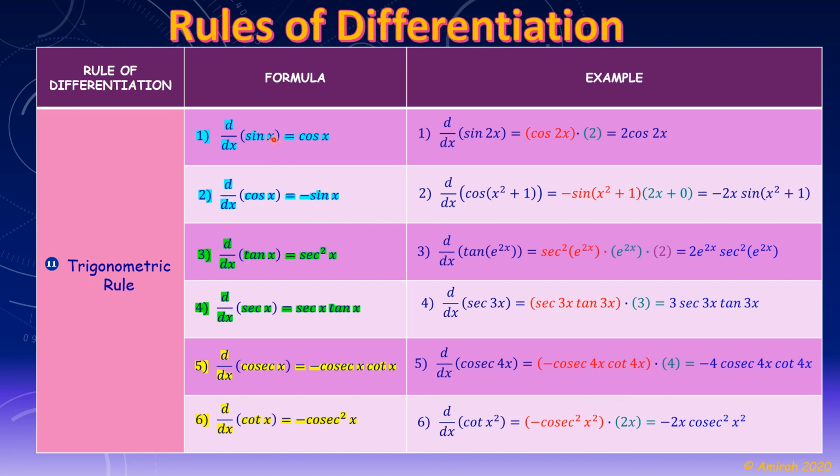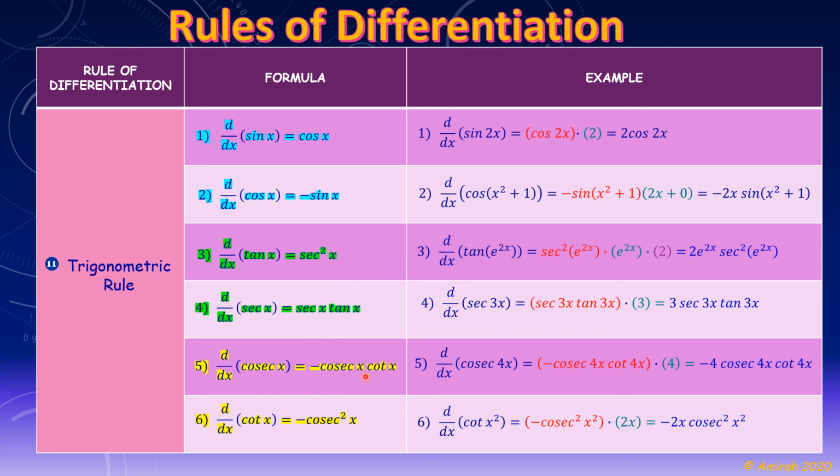But this formula is the basic formula where u or f(x) is equal to single x. So that's why we no need to multiply by any value here. Actually, we multiply by 1 here. Okay, but no need to write multiply by 1 because when we multiply by 1, it doesn't change the original value.